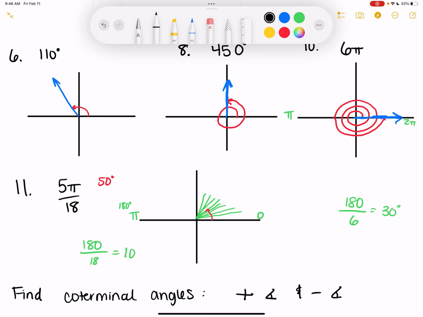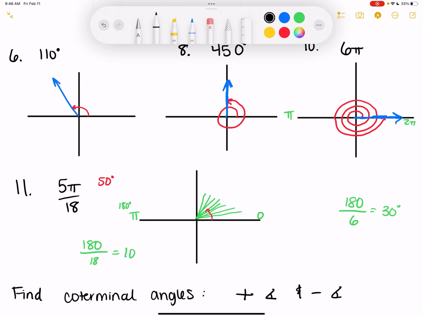So here's what I'm going to tell you. When you're finding coterminal angles and it asks for the positive and negative ones, I don't want you to tell me that negative 720 is the same as 0. I don't want you to go out and find some obscure one.